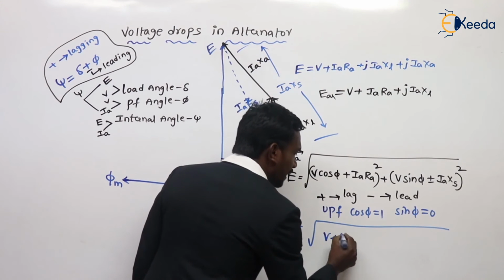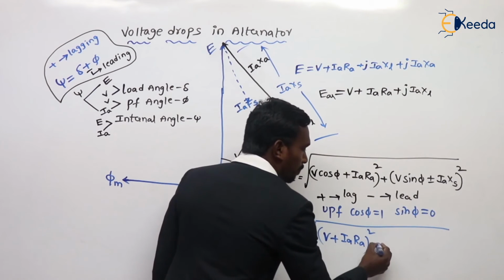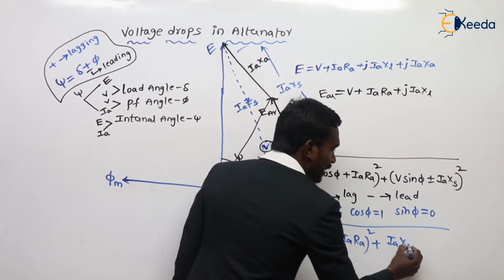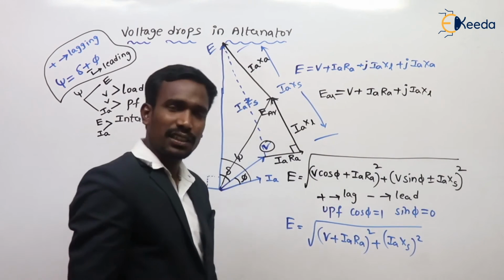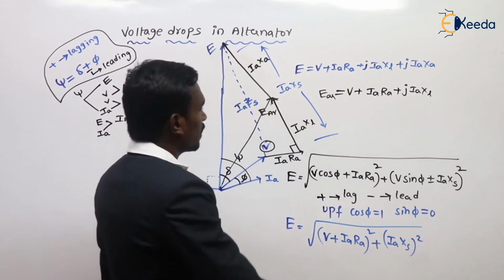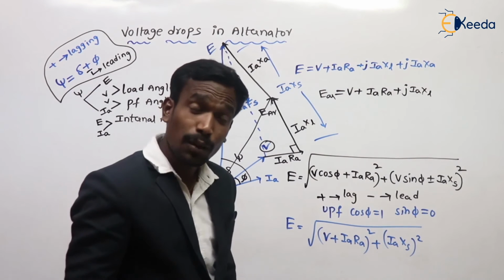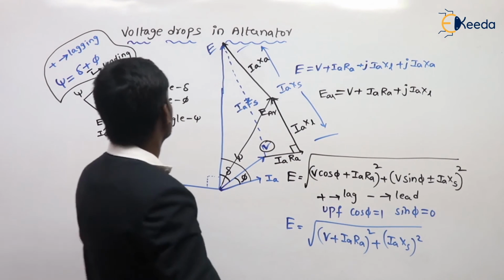So E is equal to the square root of (V plus IaRa) whole square plus (sin phi is 0) so IaXs whole square. This is for unity power factor. These are the EMF equations. Up to now clear? Yes or no? Clear or not?